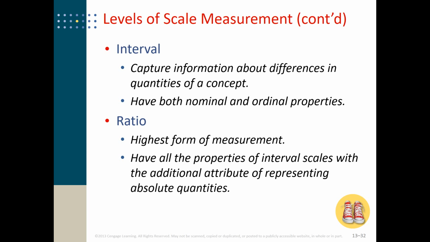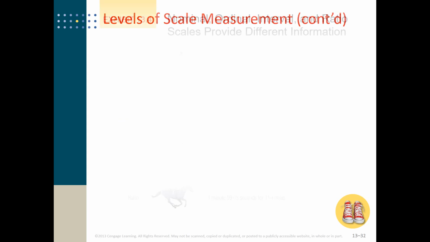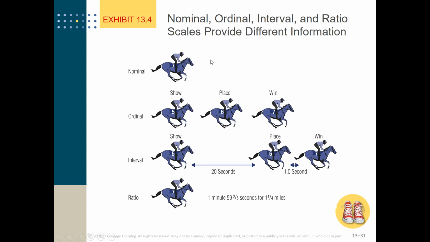Now, look at this figure. First of all, you can see there is a number here, 7. So it's a nominal scale measurement because it's just for identification. Now you have 3 horses and numbers are 5, 6, 7. Once again, this is for identification purpose, but they also show a sort of ranking. So it's ordinal. Now you have 5, 6, 7.